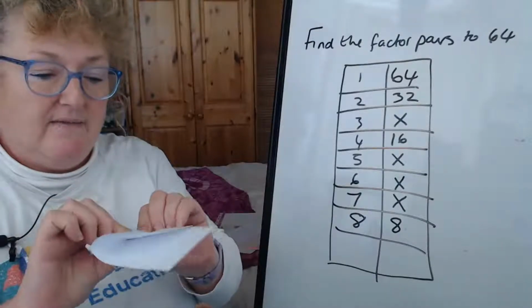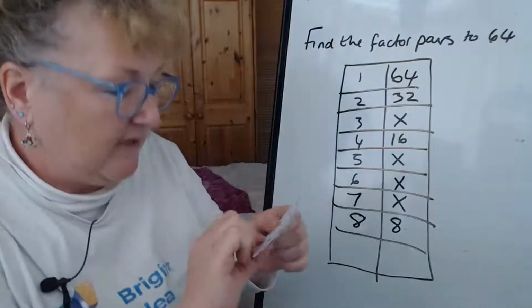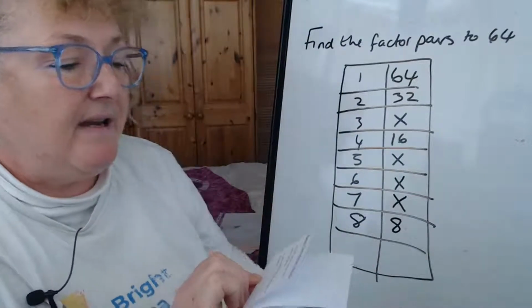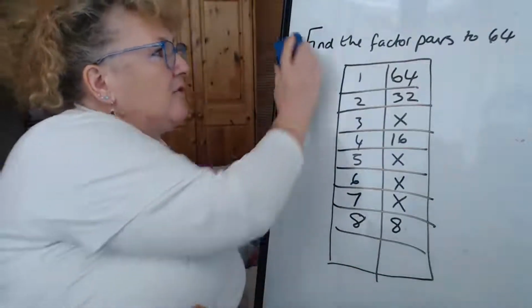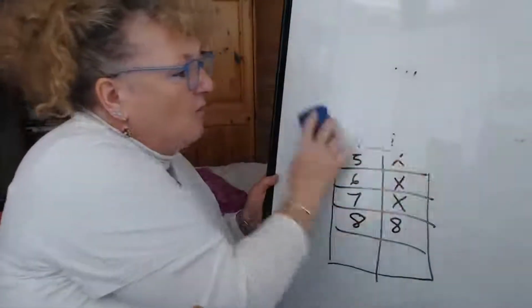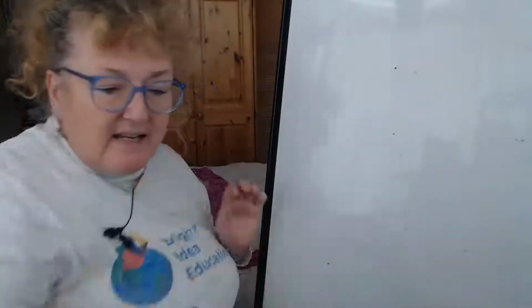Okay, let's have a look at this question. An even number has an even number of factors. Is that always true? Is that always true that an even number always has an even number of factors?